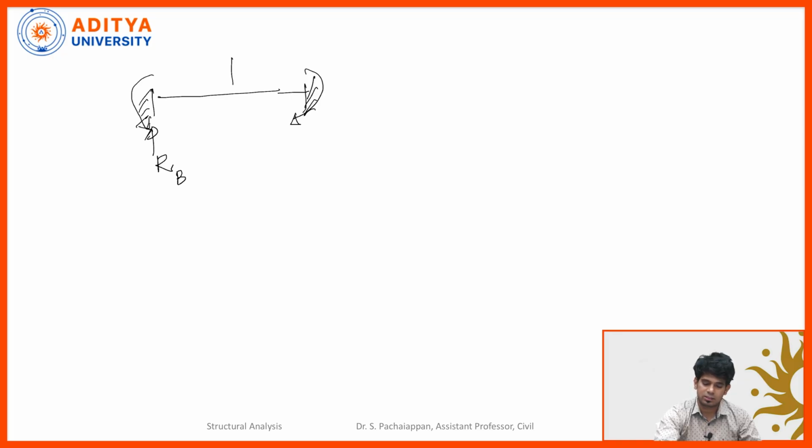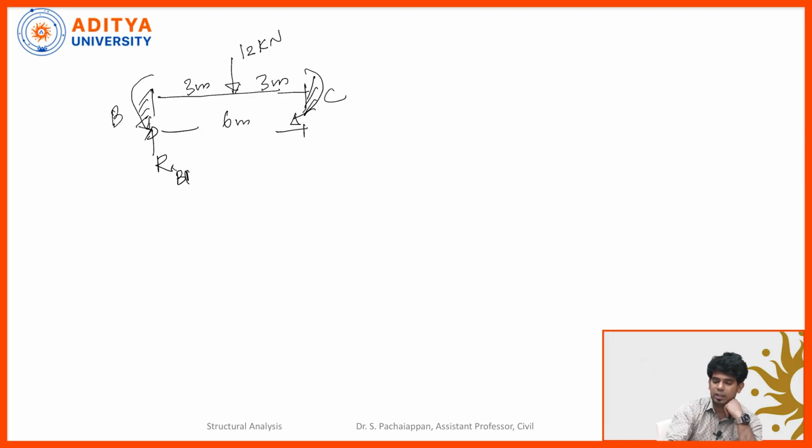Here I have the central point load of 12 kilonewton, and this is 3 meters, and this is also 3 meters. Total span is 6 meters. So the same principle we are going to use here. This is B and this is support C, and our RB.